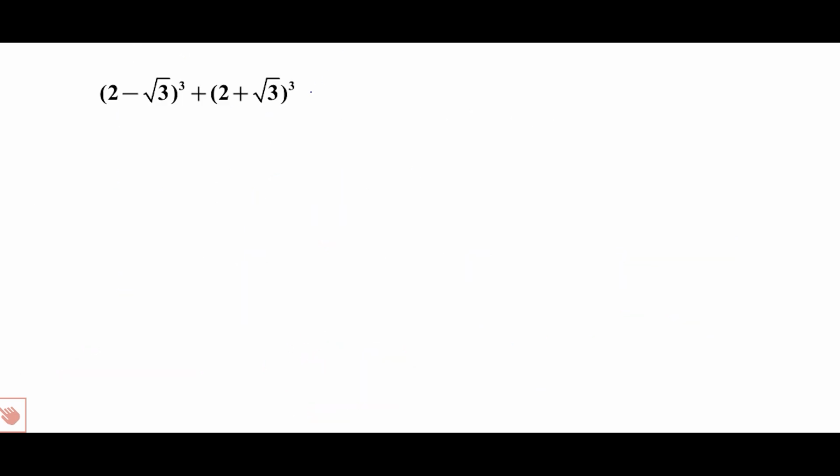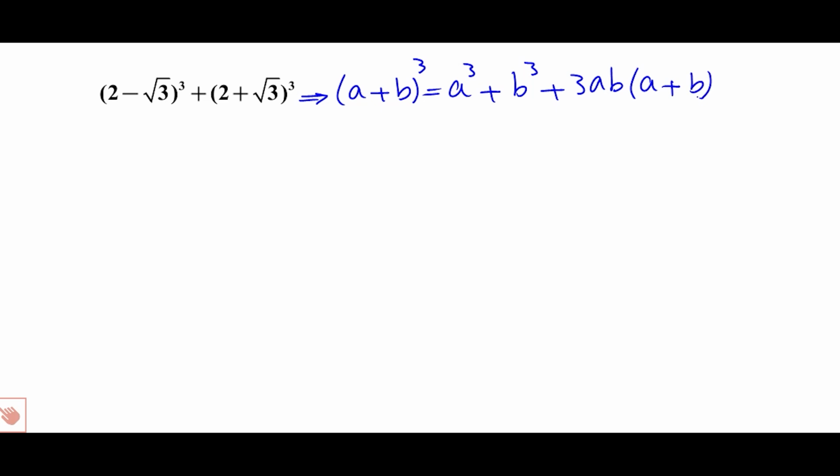Number 3. We know that a plus b whole cubed is equal to a cubed plus b cubed plus 3ab times a plus b, and a minus b whole cubed is equal to a cubed minus b cubed minus 3ab times a minus b.